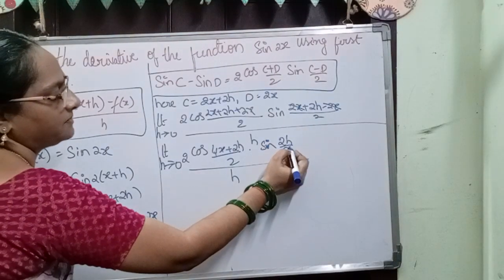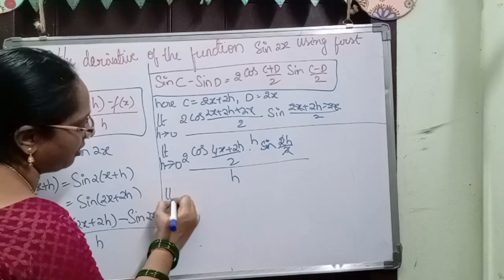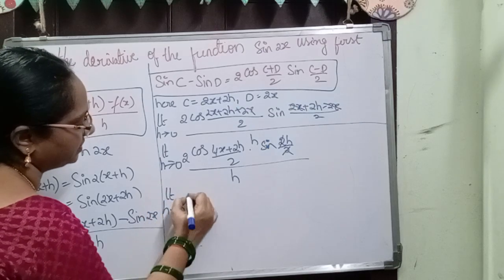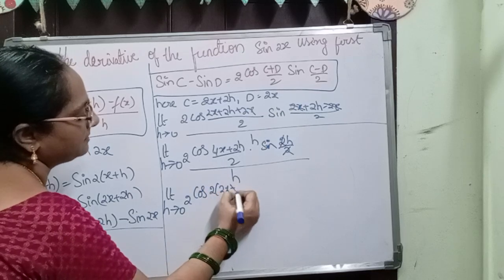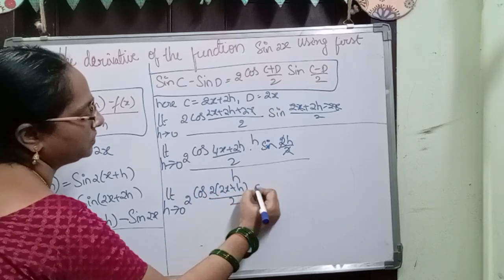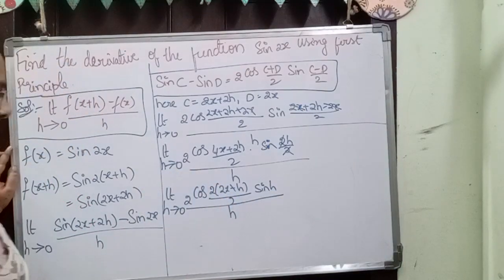Here if you observe these two get cancelled, and here you can take 2 common. Limit h tends to 0, 2 cos of (2x plus h) sine h whole by h.